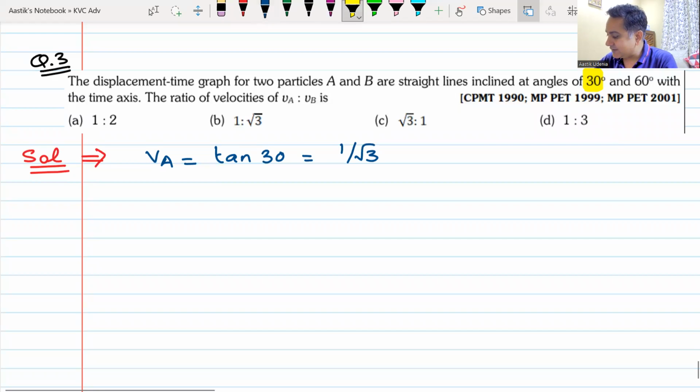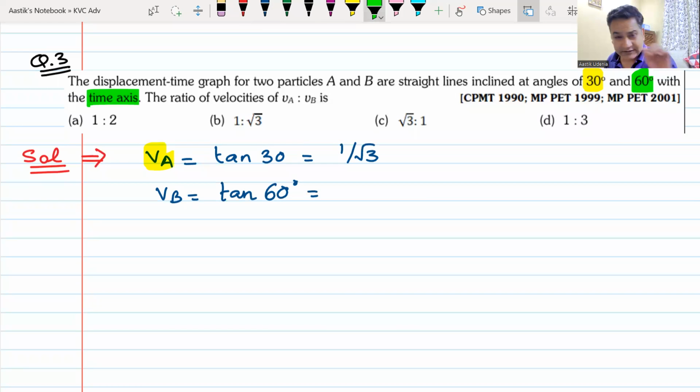On similar lines, you have to find the velocity of particle B. That would be equal to tan of 60 degrees, because the displacement time graph is inclined with the time axis at an angle of 60 degrees. So this is tan of 60, root 3.